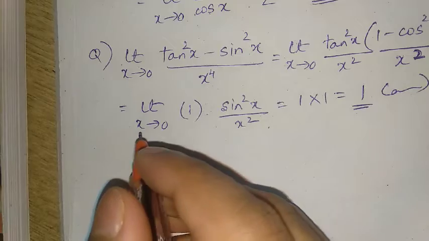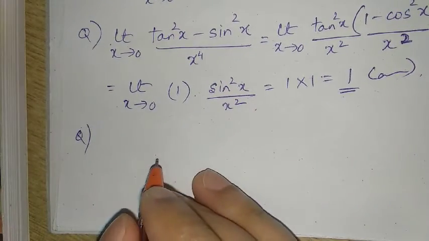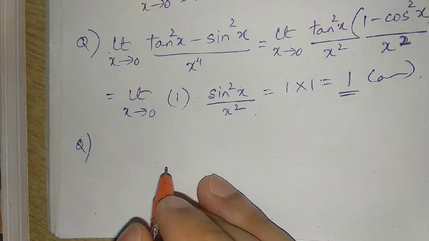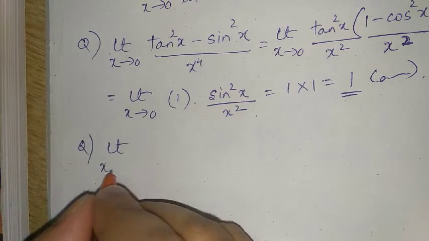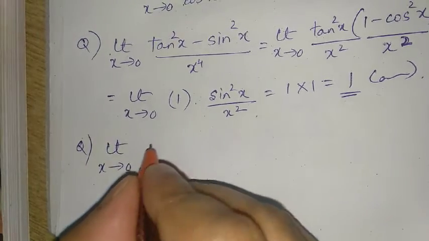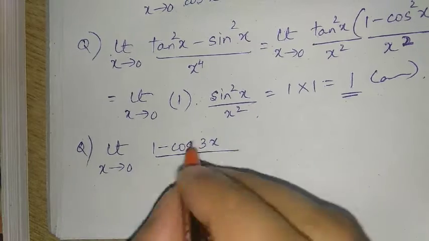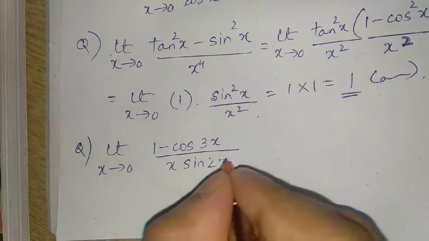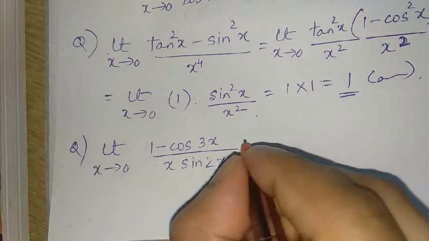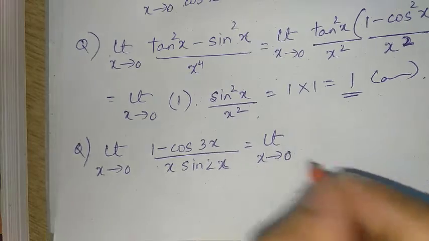The next question for us is limit x tends to 0 of (1 minus cos 3x) divided by x into sin 2x. To solve this question, we have to convert it into the standard form.